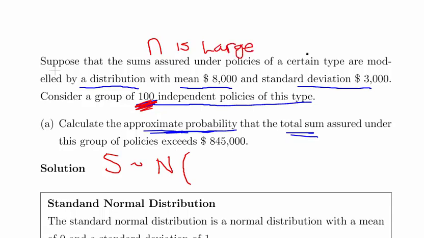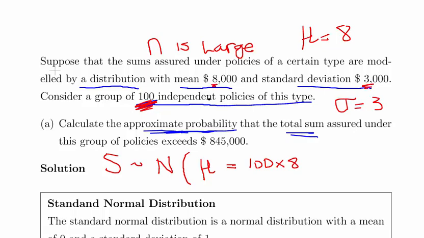N is greater than 30. So S is normally distributed with a mean of 100 times 8. Let's just work in terms of thousands, so mu is 8 and sigma is 3.